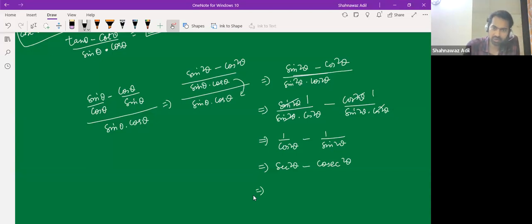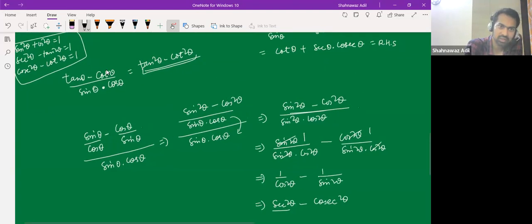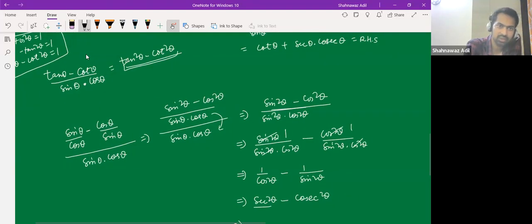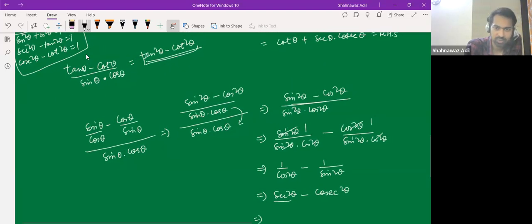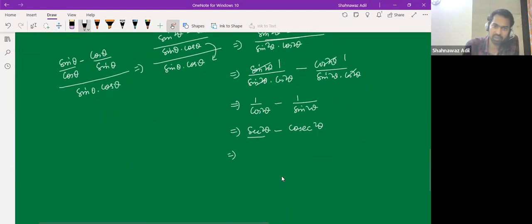What we can do about this sec? From here, 1 plus tan square theta. Absolutely right. So this is 1 plus tan square theta. Similarly, what we can do about this cosec square theta? 1 plus cot square theta. Good. So now you know the answer.